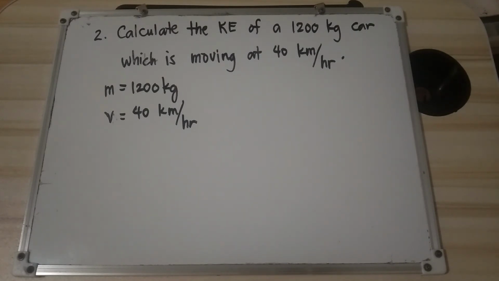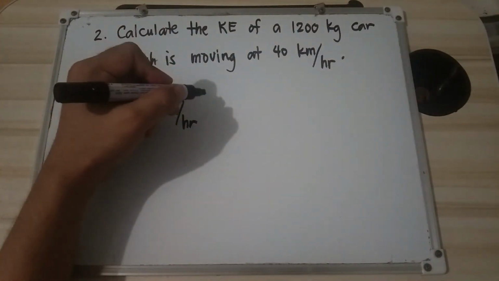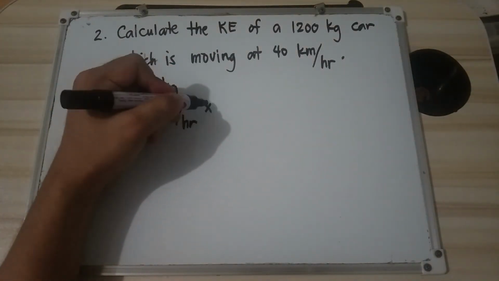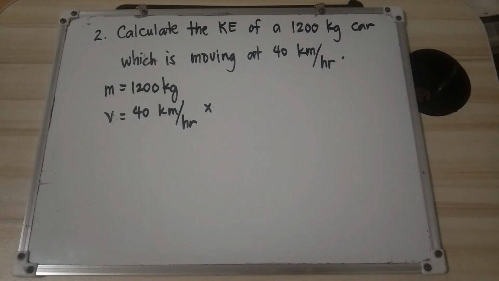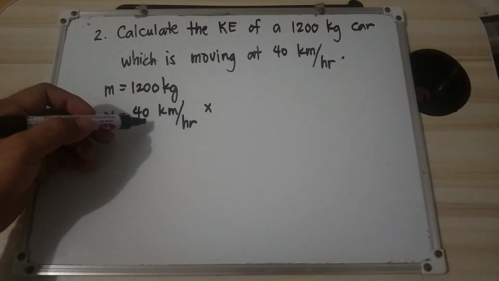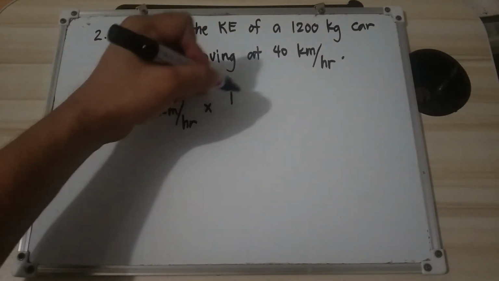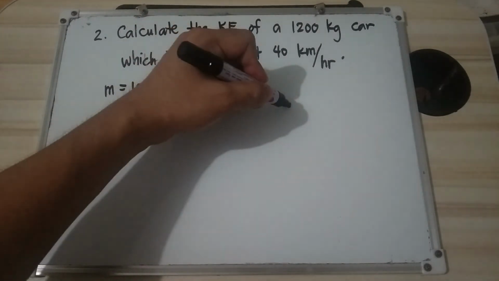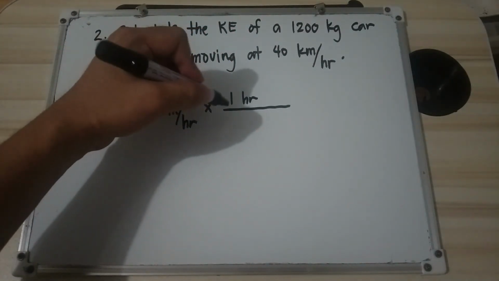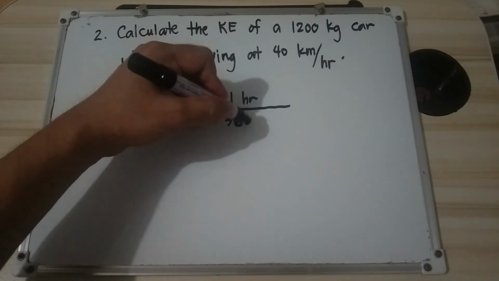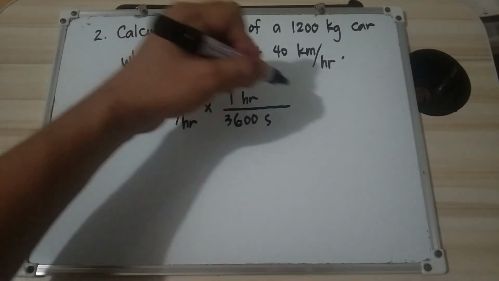So ang goal natin dito sa velocity, yung 40 kilometers per hour ay ko-convert muna natin siya in terms of meters per second. Okay? So multiply natin siya sa, alam natin na yung 1 hour, dito ko siya ilalagay sa taas kasi para makancel yung unit ng hour. 1 hour is equal to 3,600 seconds.